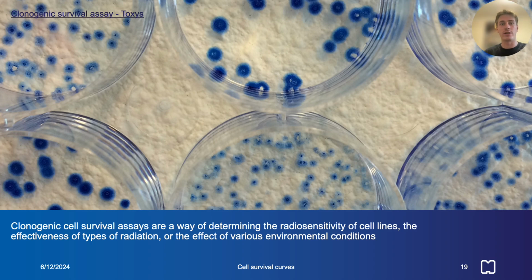Counting the number of colonies that arise from a known number of cells that are irradiated in vitro allows us to estimate the fraction of surviving cells. With this, we can create cell survival curves, which essentially result from repeating this process for a range of doses that provides a way of measuring radiosensitivity.